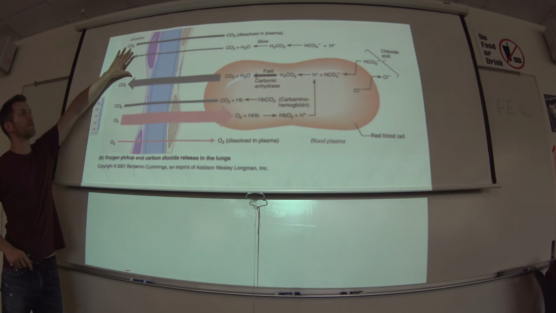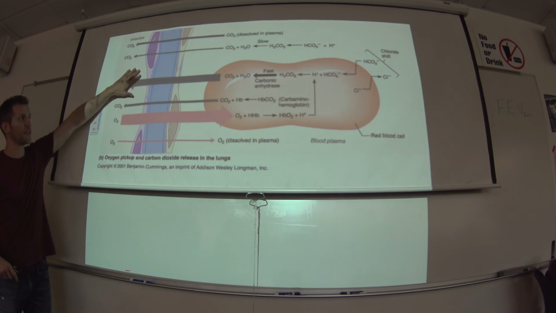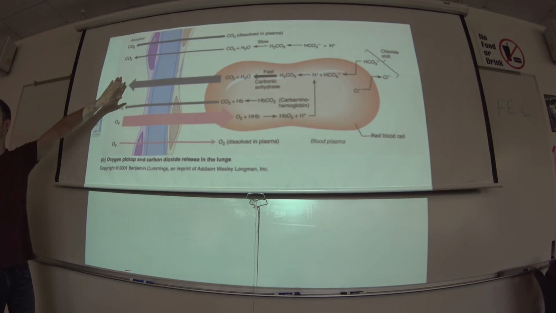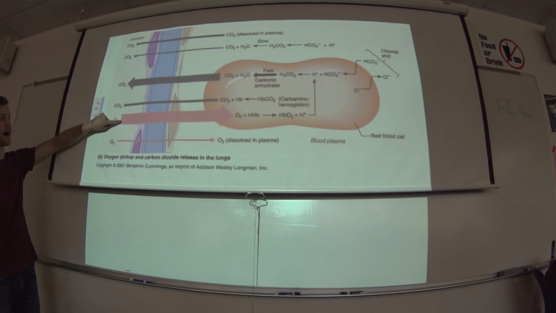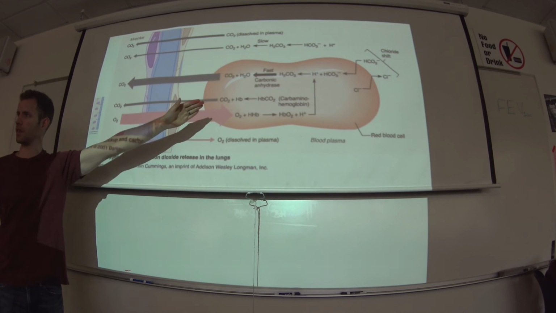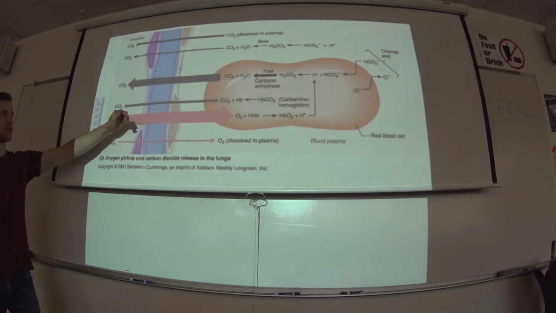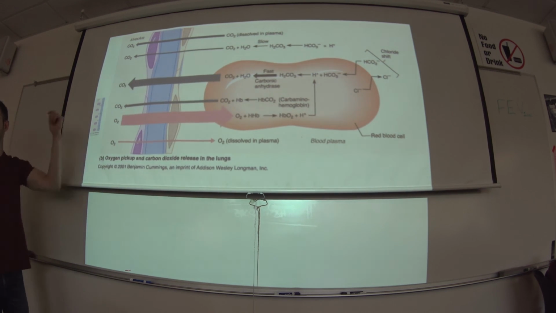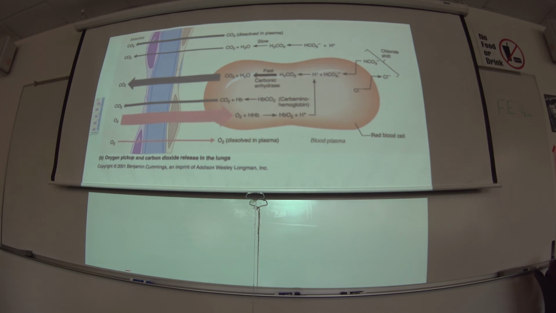If you're adequately breathing in this area of the lungs, you have low CO2 and high oxygen. So now the driving force is going towards the red blood cell for oxygen and away from the red blood cell for CO2, which is the opposite of what it's like at the tissues.